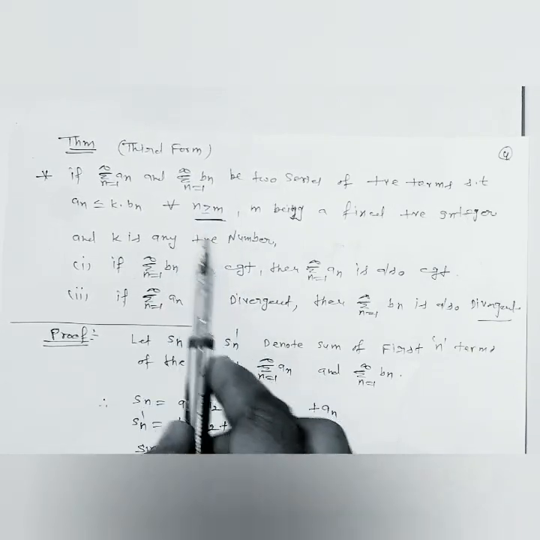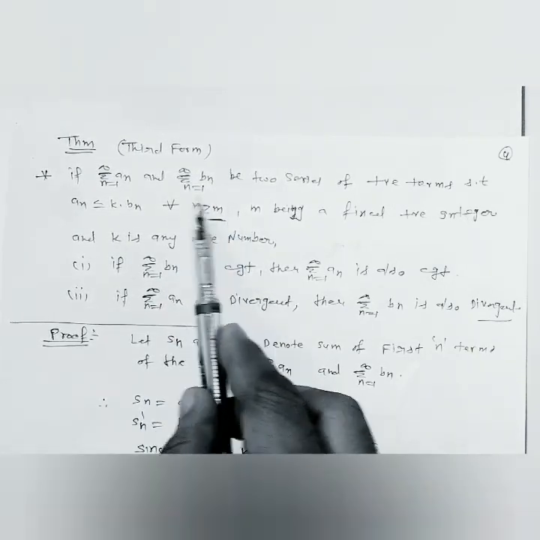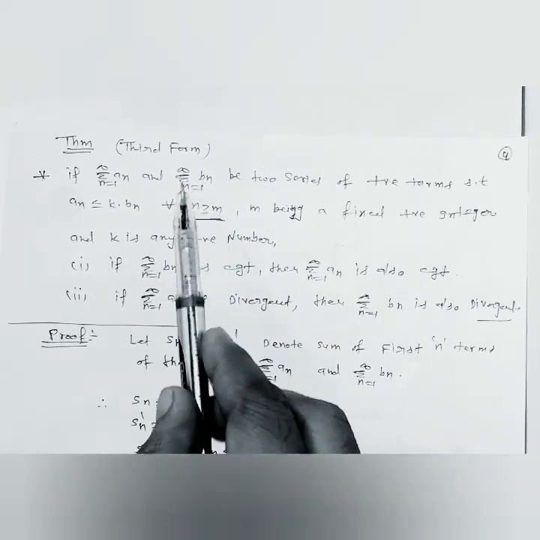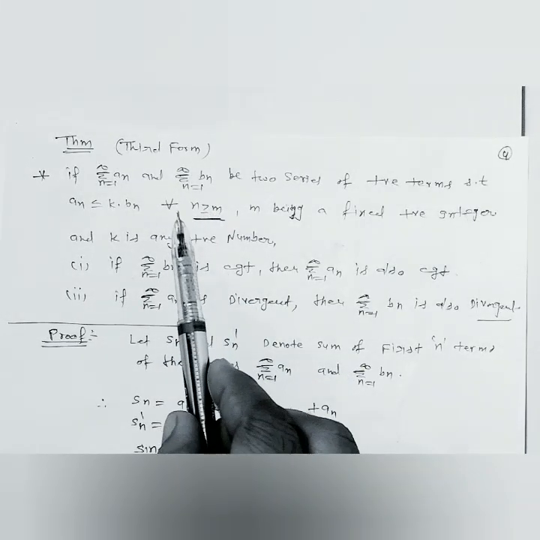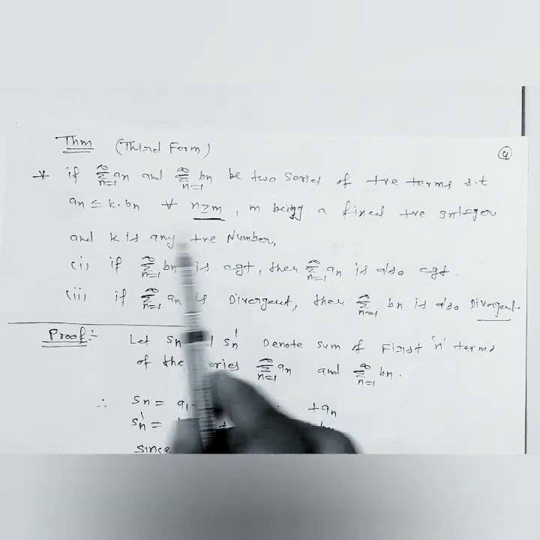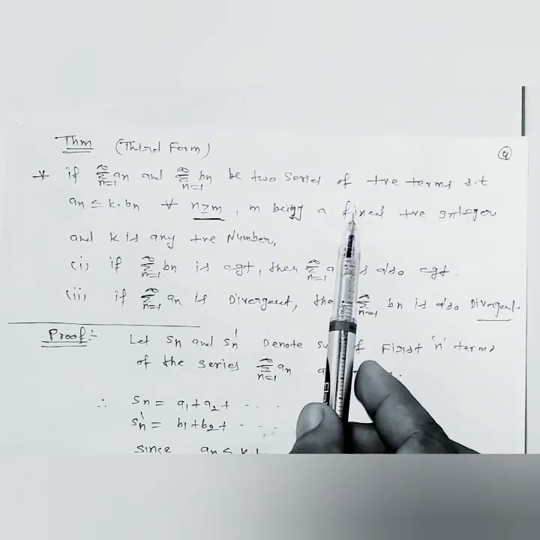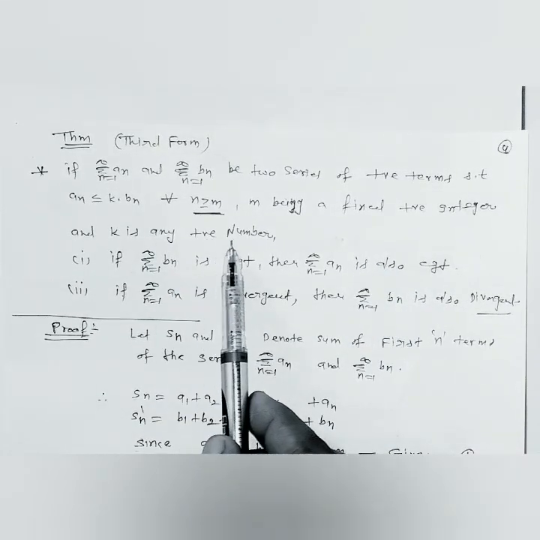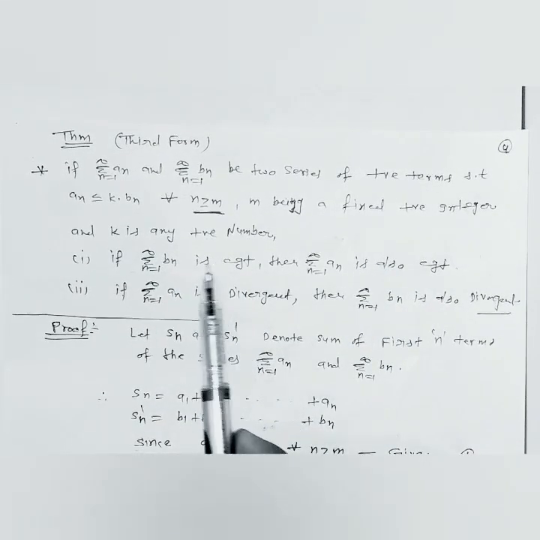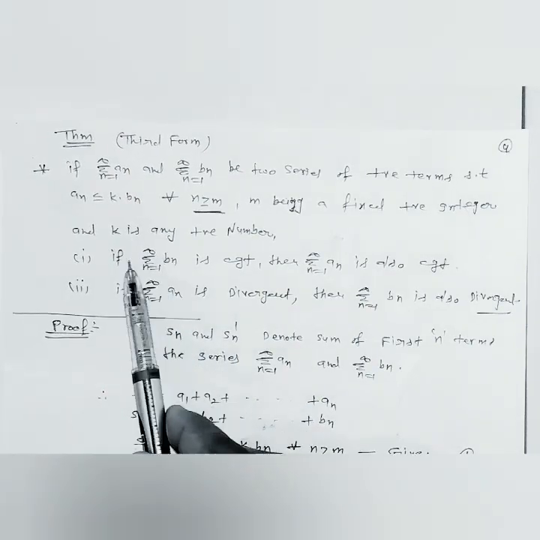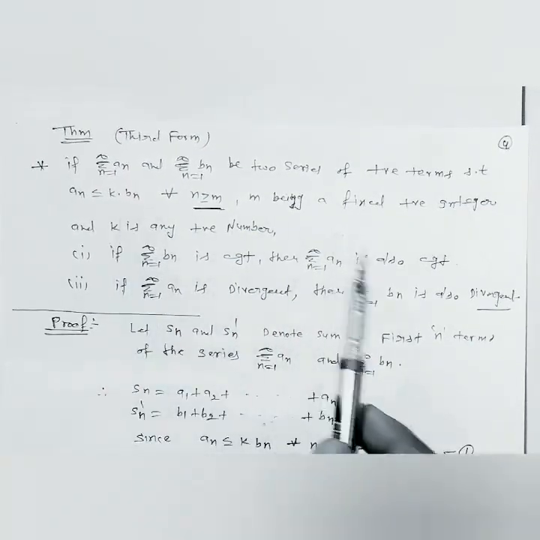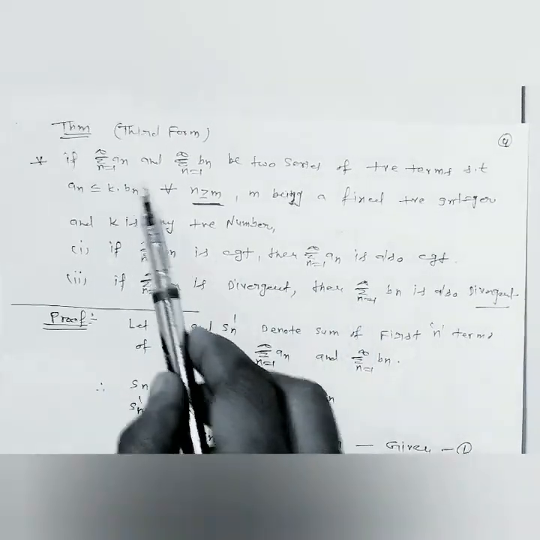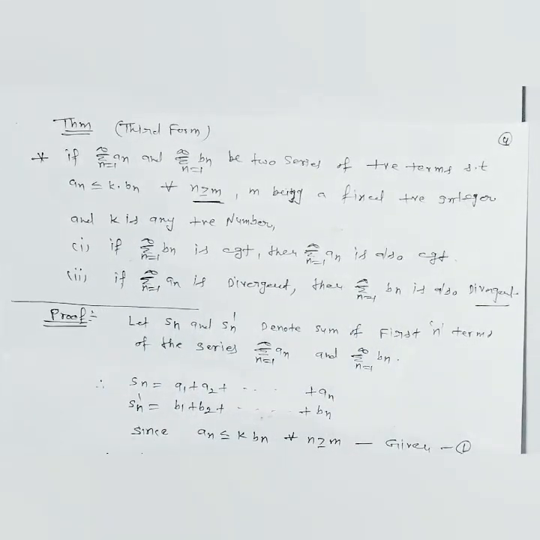Here is the difference between the first form and the second form. In the first form, it is for all n, and in the third form, it is for all n greater than or equal to m. Here m is a fixed positive integer and k is any positive number. Show that if bn is convergent, then an is also convergent. If an is a divergent series, then bn is also a divergent series.